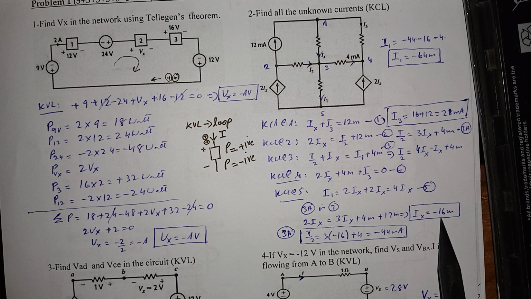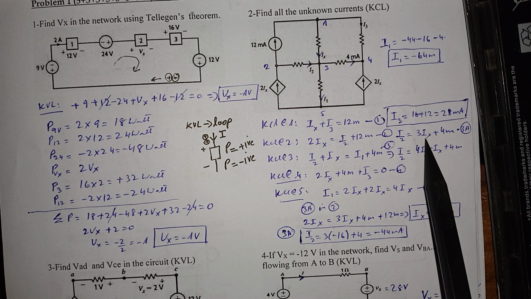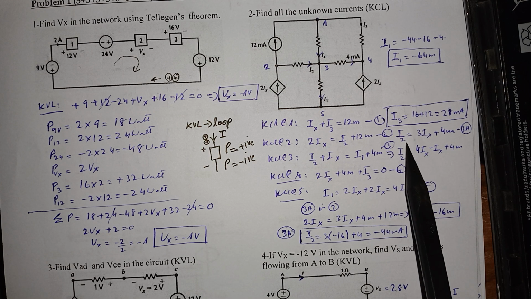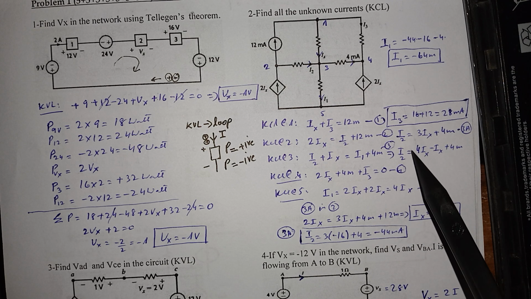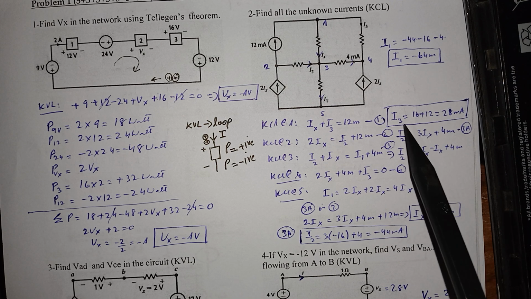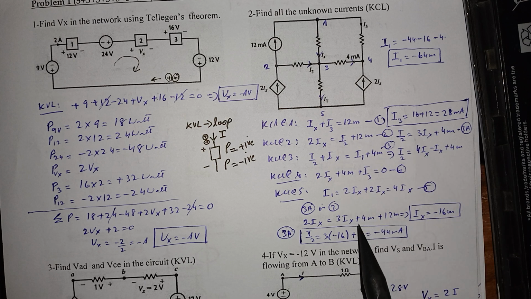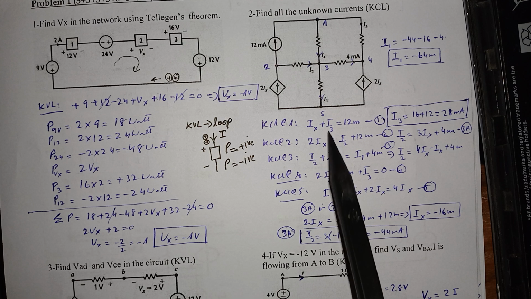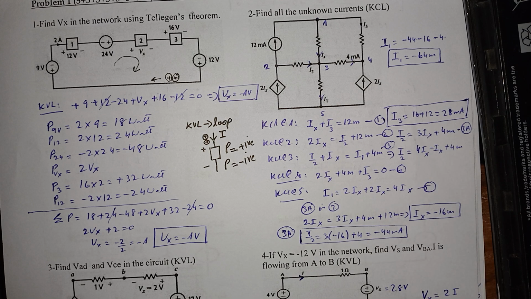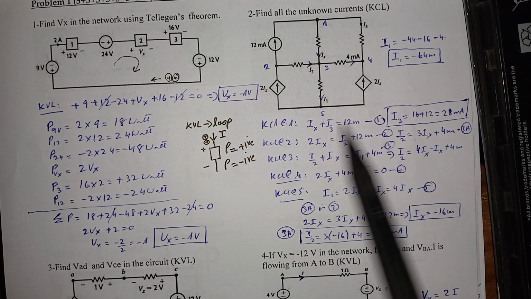I can insert this Ix over here, because then there would be one unknown, and I2 would be found quite easily. Similarly, all other unknowns can now be found, because once I found Ix, I can insert it here and find I3, which is equal to 28, and all the other Ix when substituted here gives I1. So this problem would be solved.